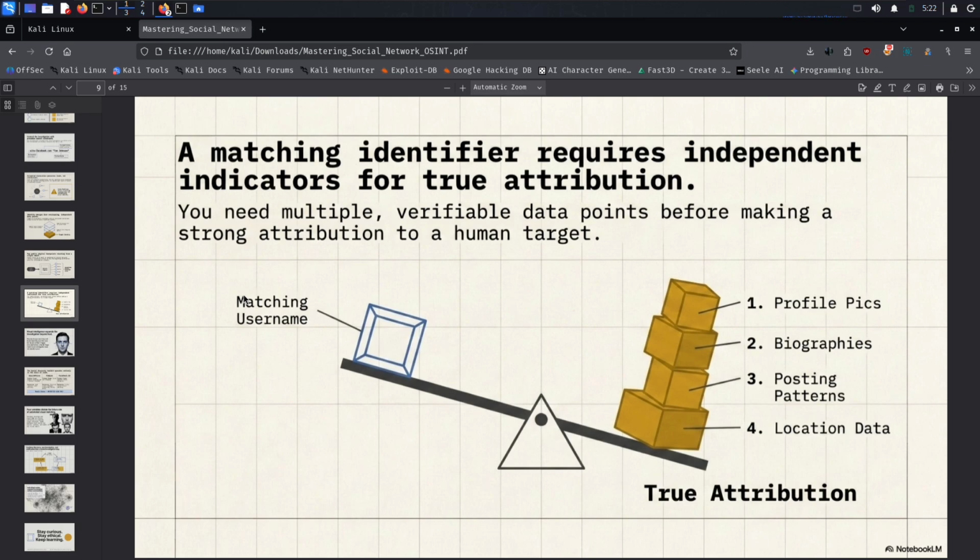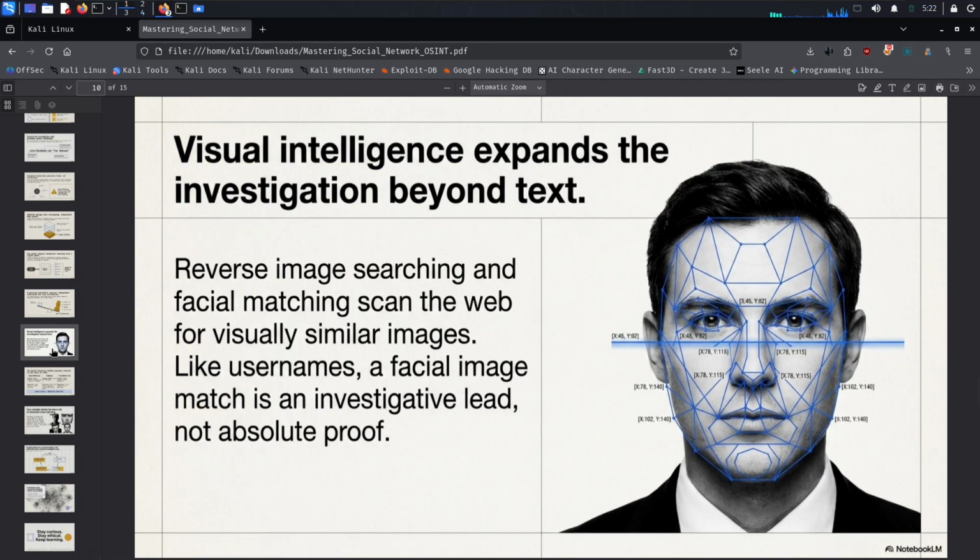There are several tools available on the internet that can help with reverse image search and facial image matching. Some search engines and specialized services also have their own image recognition systems. These tools can be useful when you're trying to determine where a particular image appears online, or whether visually similar images exist across publicly accessible sources. But remember one important point.